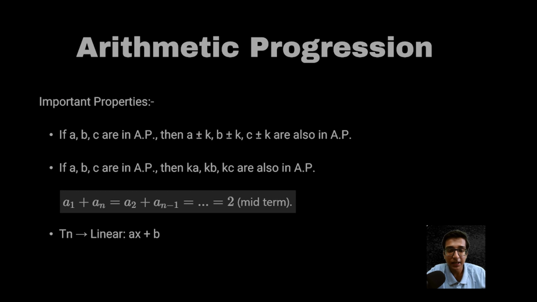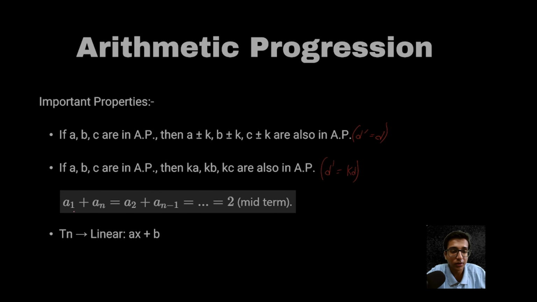If a, b, c are in AP, then a plus minus k, b plus minus k, c plus minus k are also in AP, and the common difference remains the same. If a, b, c are in AP, then ka, kb, kc are also in AP. Again, we proved it. d dash, however, becomes k times d. This is the thing that you need to remember about the common difference.